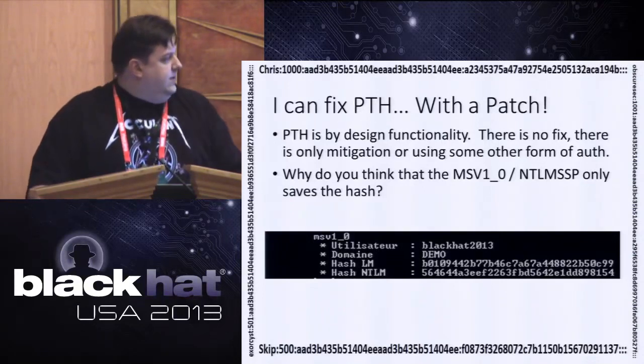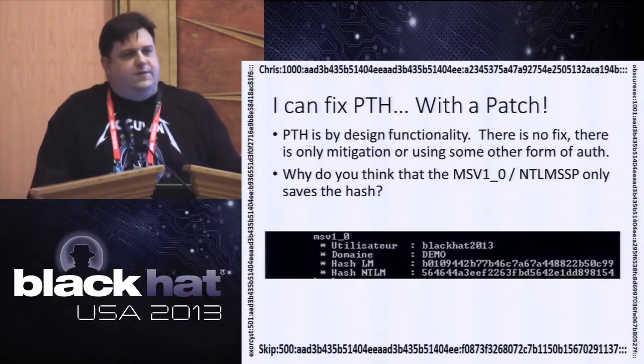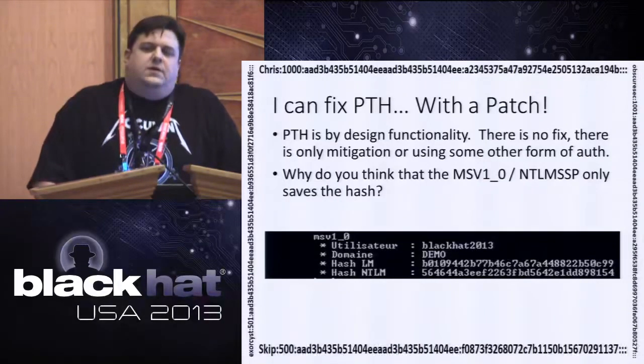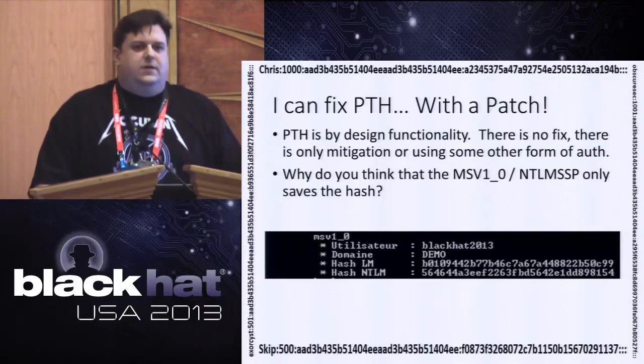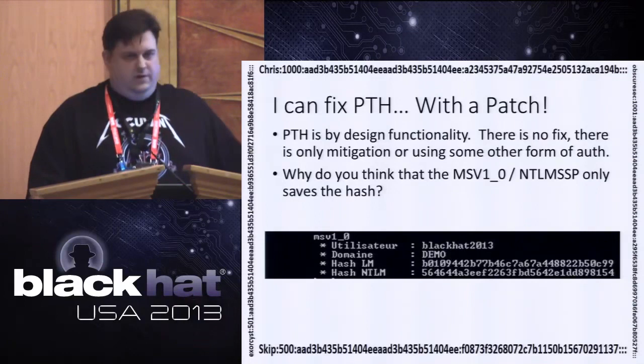And another little side bit that I always like to hammer on: if you're using a password on a Windows box that is 14 characters or less, in LSASS, the LM hash is always calculated currently.